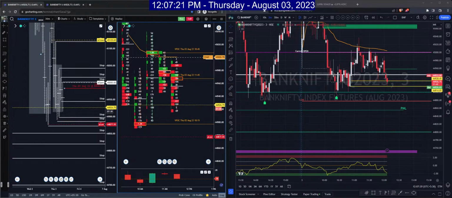This is also the IB range, basically initial balance range, the 1 hour range. We are nearing the 1 hour range low. That is just a data point. It doesn't mean you have to buy here, sell here.